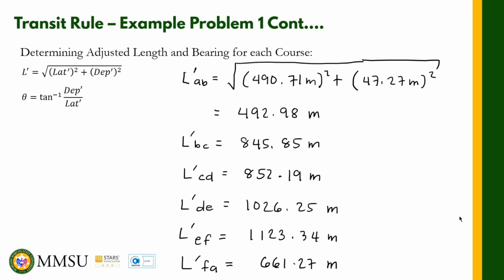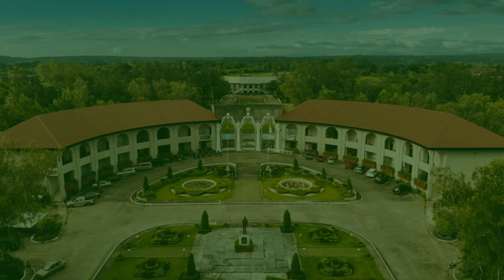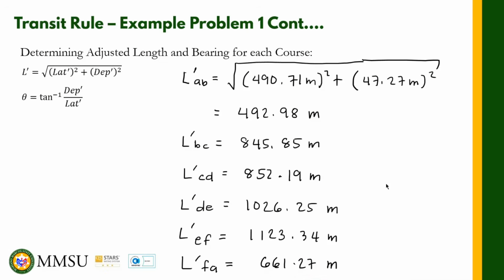Next, let us determine the adjusted bearing for each course. This is our formula. The theta, or the adjusted bearing, is just equal to the inverse tangent of departure divided by latitude. Let us start with theta AB.